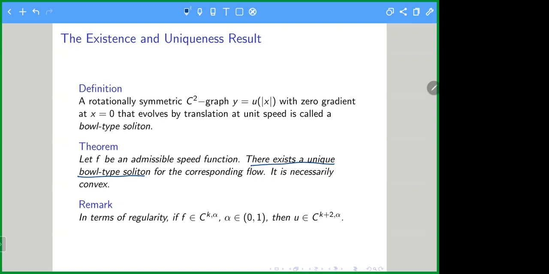These always exist for the class of speeds that I consider. Convexity comes out as a pretty easy corollary. Regularity is also standard PDE theory: if your speed function is C^{k,alpha}, then your solution is two orders of differentiability better. This works out pretty nicely.